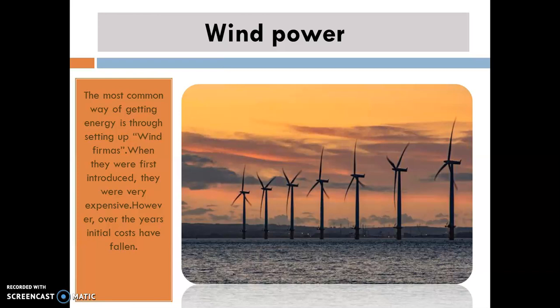The most common way of getting energy is through setting up wind farms. When they were first introduced, they were very expensive. However, over the years, initial costs have fallen. Nowadays, we may see many parts of the world using these wind farms.